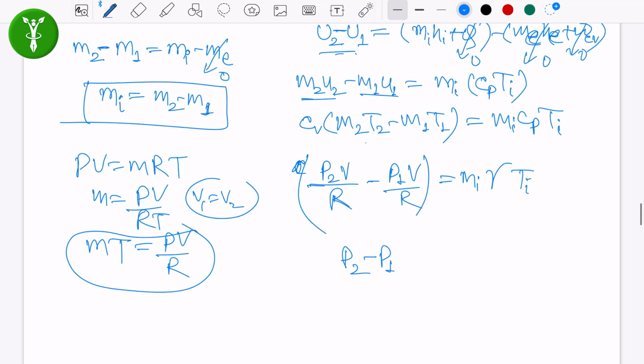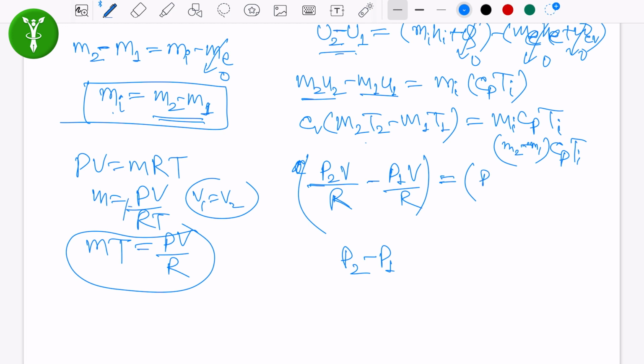One more thing we can do simultaneously: from the first equation we got mi as m2 minus m1. So m2 minus m1 times cp Ti, where m is PV by RT.